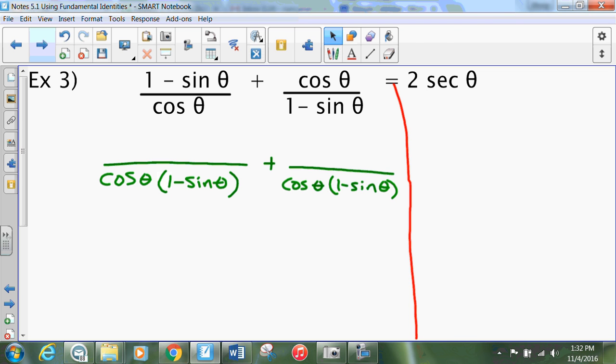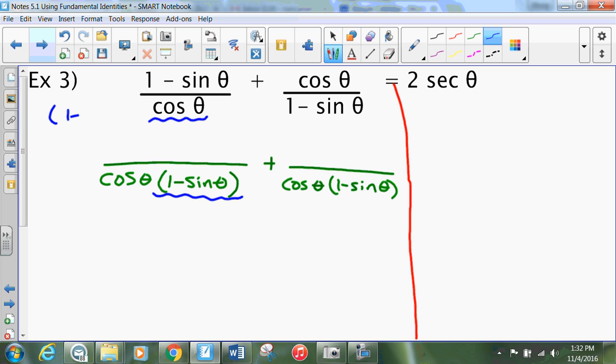Let's talk about how we did this. Our first fraction, the original denominator, is cosine theta, but I went ahead and changed it by multiplying the denominator by 1 minus sine theta. I'm not allowed to do that unless I also do it to the numerator, because then it's just multiplying the fraction times 1 in disguise, and that is legal.